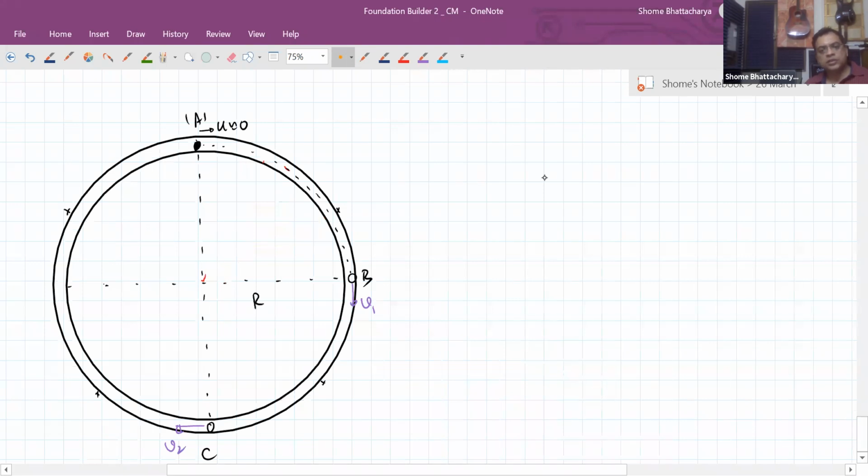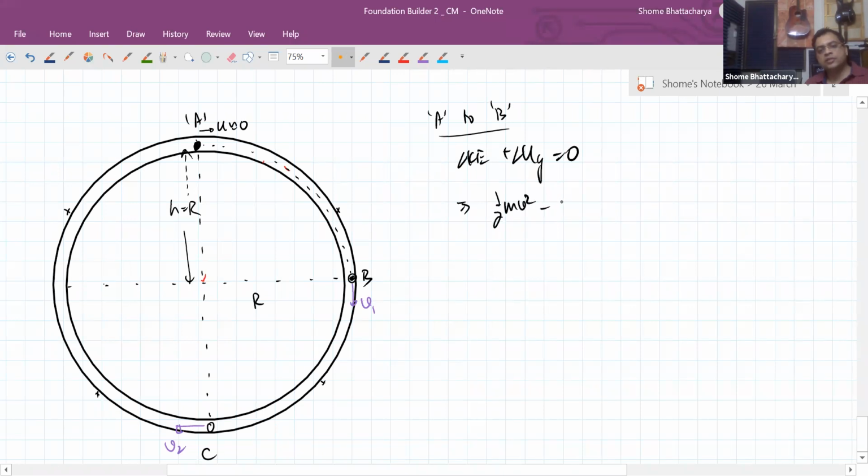So A to B, you can see that the change in height is equal to R. So A to B, change in kinetic energy plus change in gravitational potential energy is 0. So half mv square minus mgh, h is equal to R. So substituting, you will get V is square root 2gr at the point B.